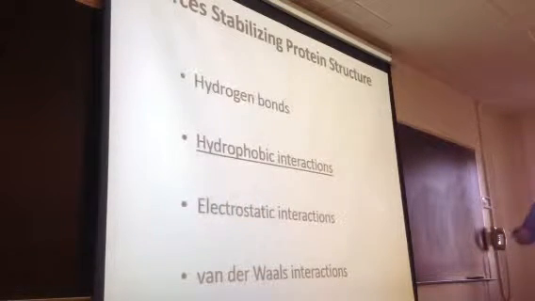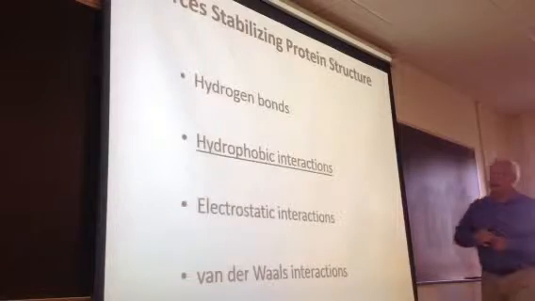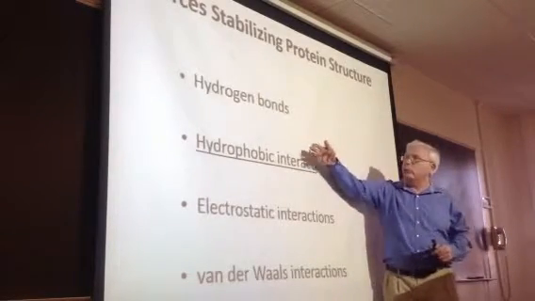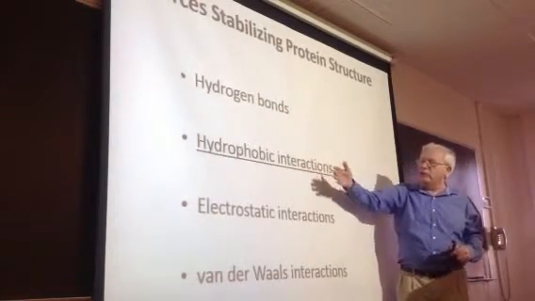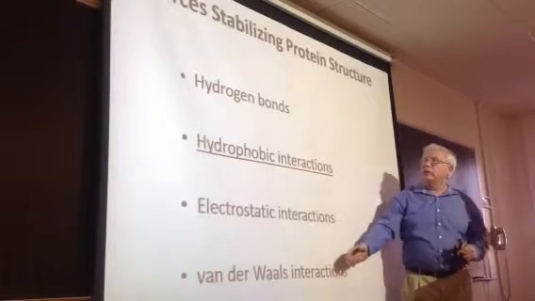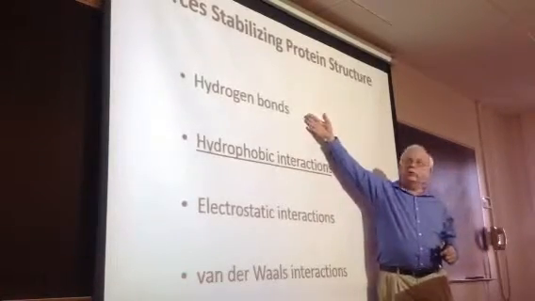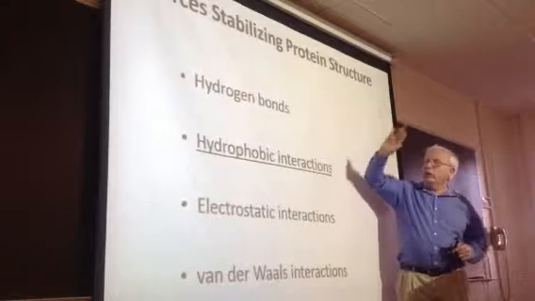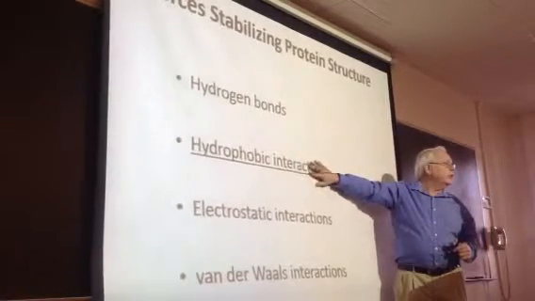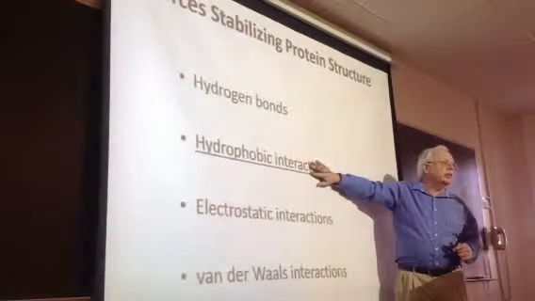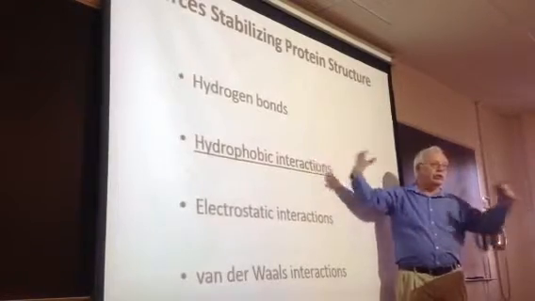Right? What holds it together? The usual suspects. All quarter long we've been talking about these weak forces: hydrogen bonds, hydrophobic, electrostatic, van der Waals. Certainly hydrogen bonds hold the secondary structures together. But I underline this for a reason. People consider this the primary thing stabilizing the fold, the tertiary structure.